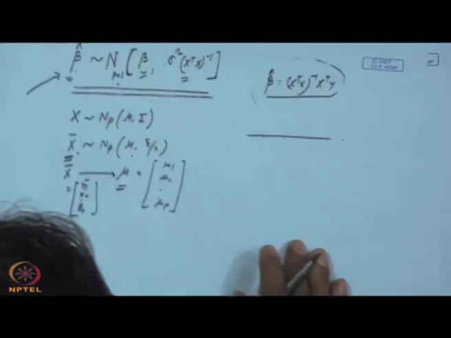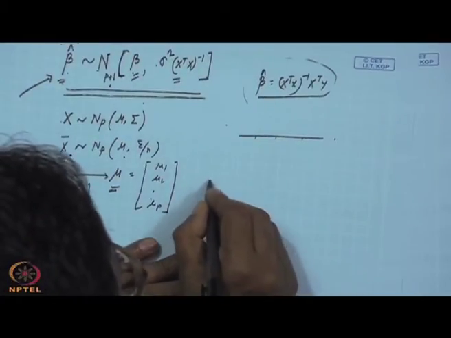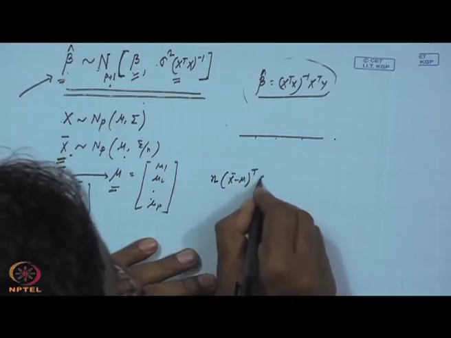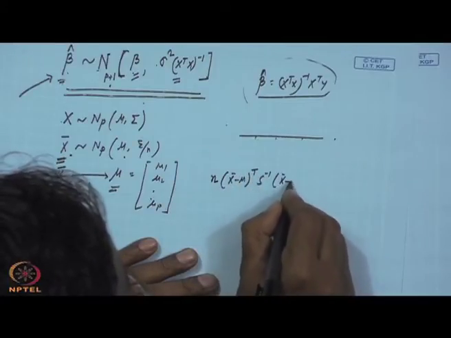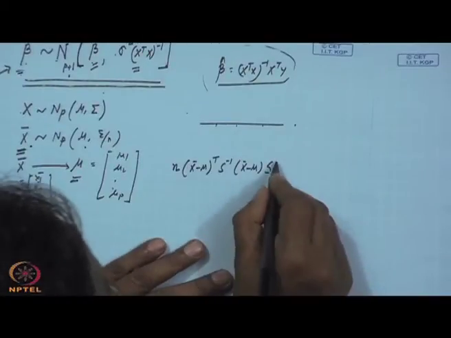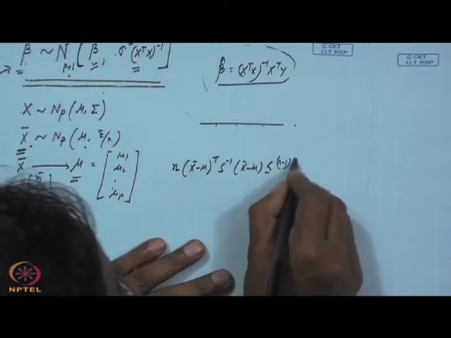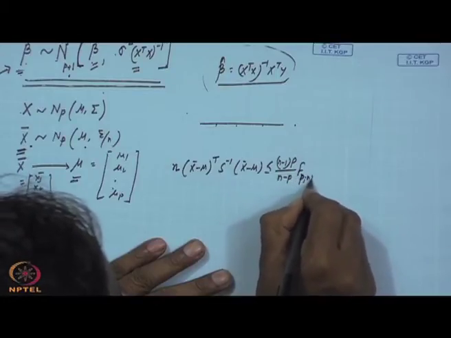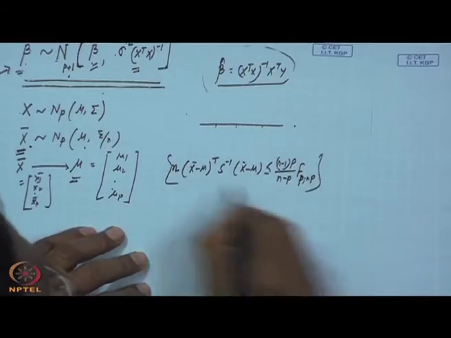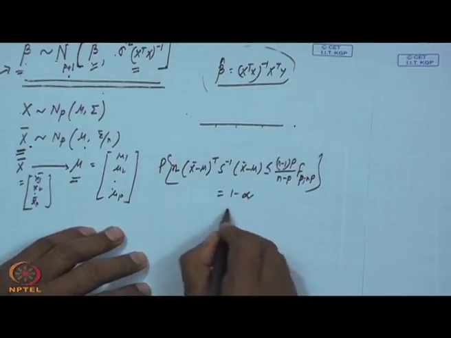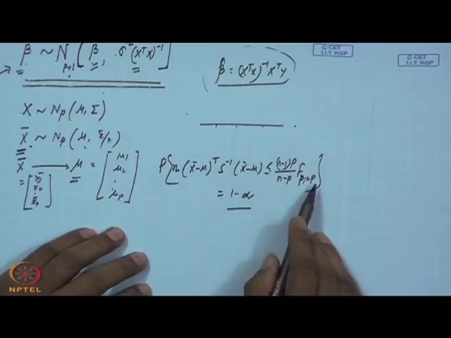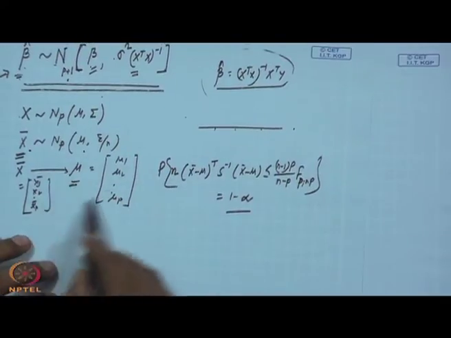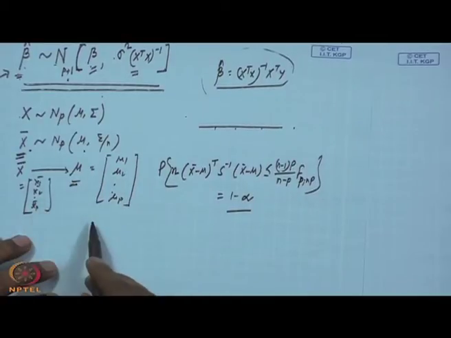If you remember, it was n times x bar minus mu transpose S inverse x bar minus mu, less than or equal to n minus 1 times p by n minus p, F with p and n minus p, and the probability of this equals 1 minus alpha. So, this is the confidence region we found for the population mean vector.